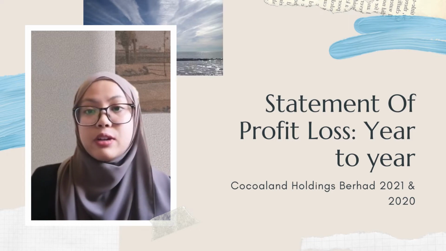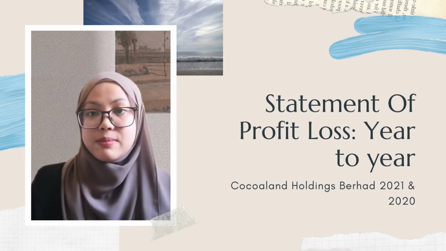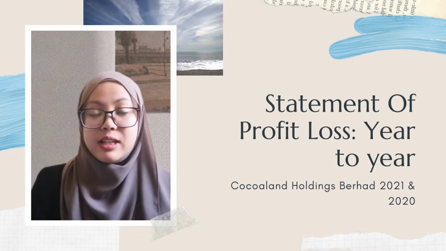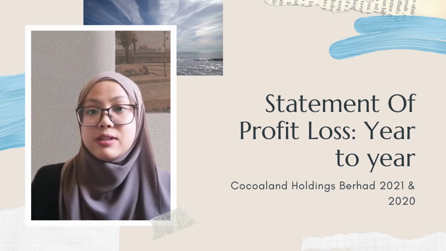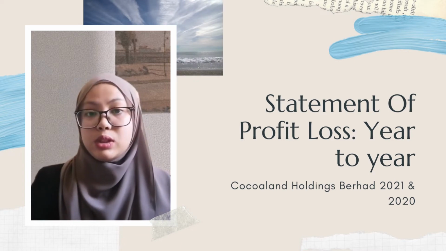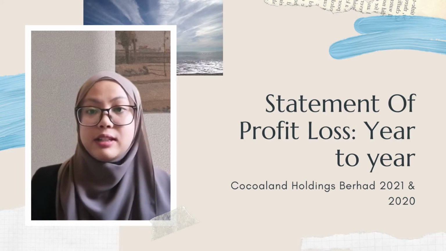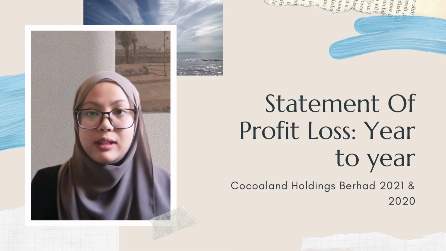However, the gross profit of Cocoaland Holdings Berhad increased by 0.85% in 2021. The increase in other income in the year 2021 is significant since it decreased in the year 2020.